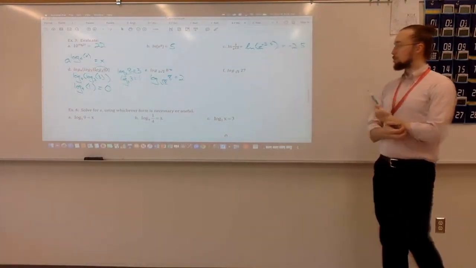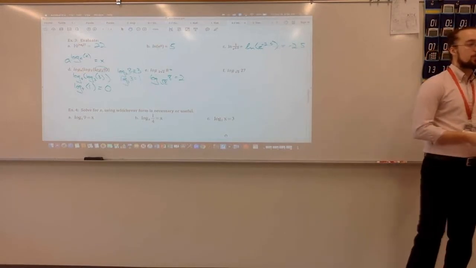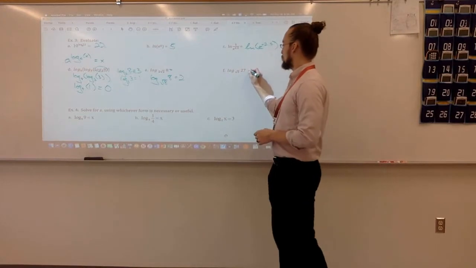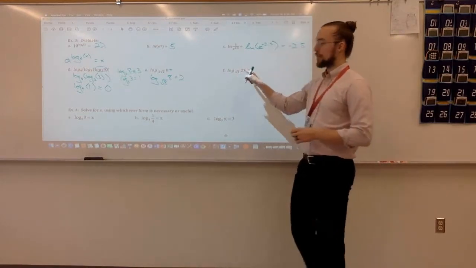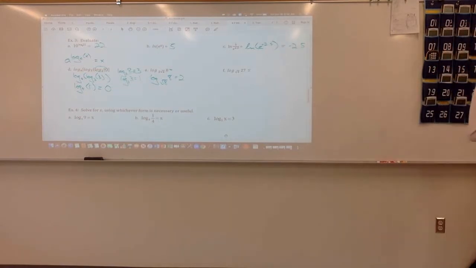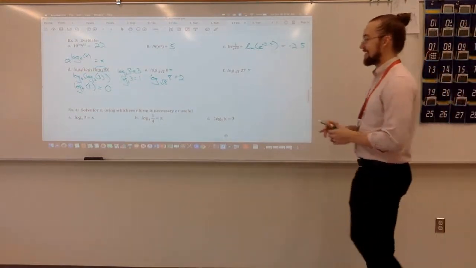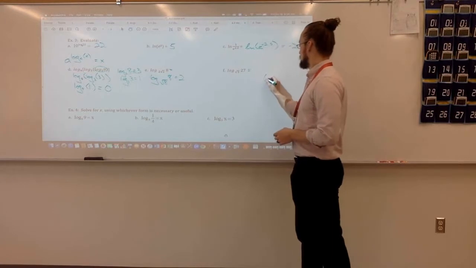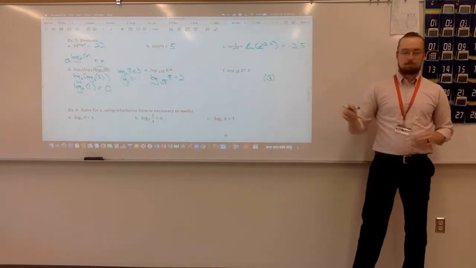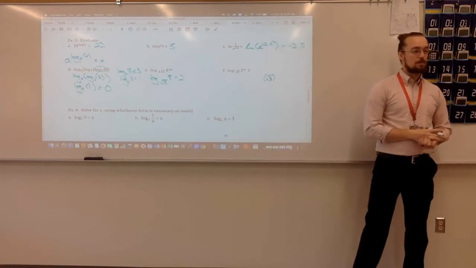Log base square root of 3 of 27. What would I have to raise the square root of 3 to in order to get 27? Square root of 3 times square root of 3, five times?